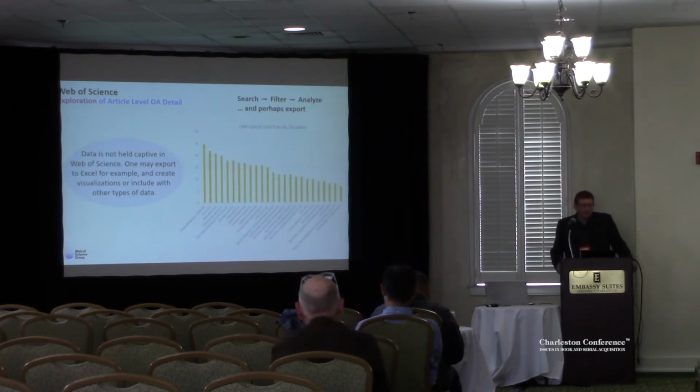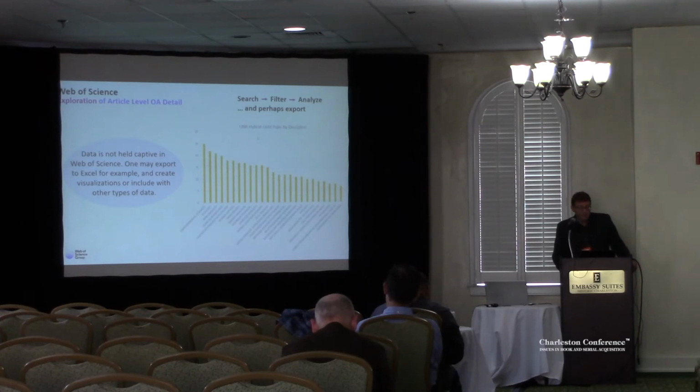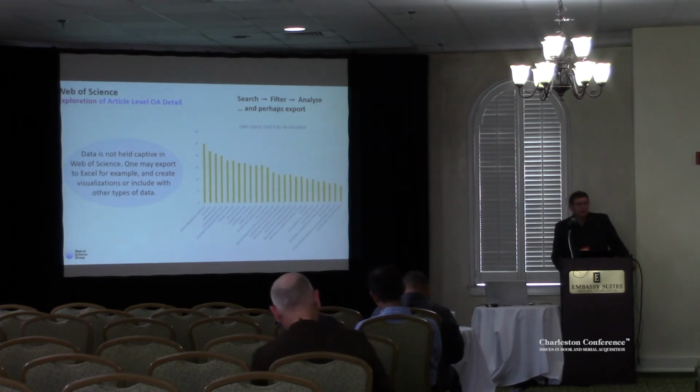You should be aware data is not held captive in Web of Science, and so when I perform an analysis, I can export that information. An example here is simply filtering on all that is gold, or other gold, or hybrid type information, exporting it to a text file, pulling it into Excel, and this is discipline by discipline for a particular institution, and the volume of articles in each discipline that are under gold or hybrid.